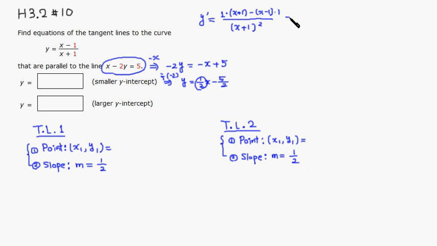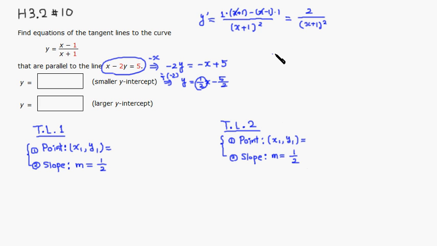You can simplify: x minus x cancels out, and you have 1 minus negative 1, so 1 plus 1, so it's 2 on top. Then on the bottom is the quantity x plus 1 squared.